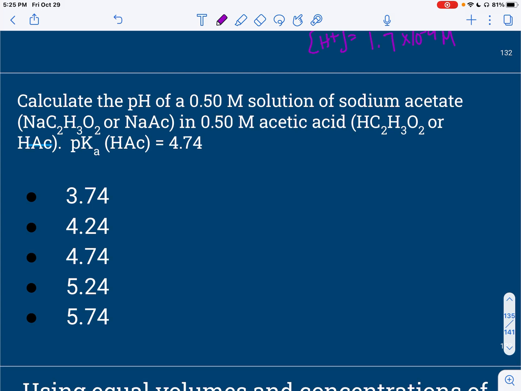Okay, when the weak acid concentration equals the conjugate base concentration, the pKa equals the pH. So 4.74.